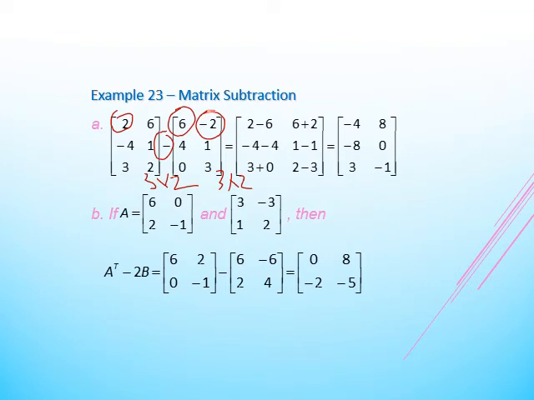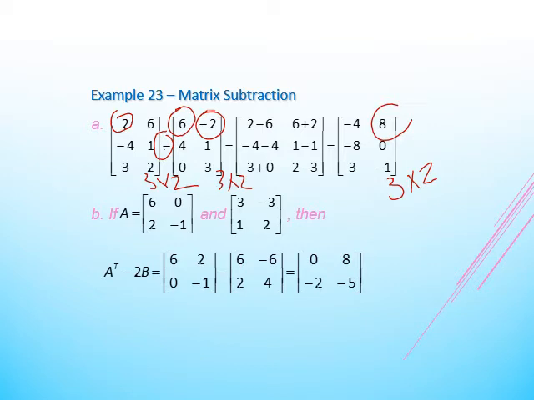So 6 minus 2 equals 6 plus 2, which is a positive 8, and also -4 minus 4 equals -8, and 1 minus 1 equals 0, and the same for all the numbers in the two matrices. Of course, the result of the subtraction will also be 3 by 2 because the matrices have the same size.